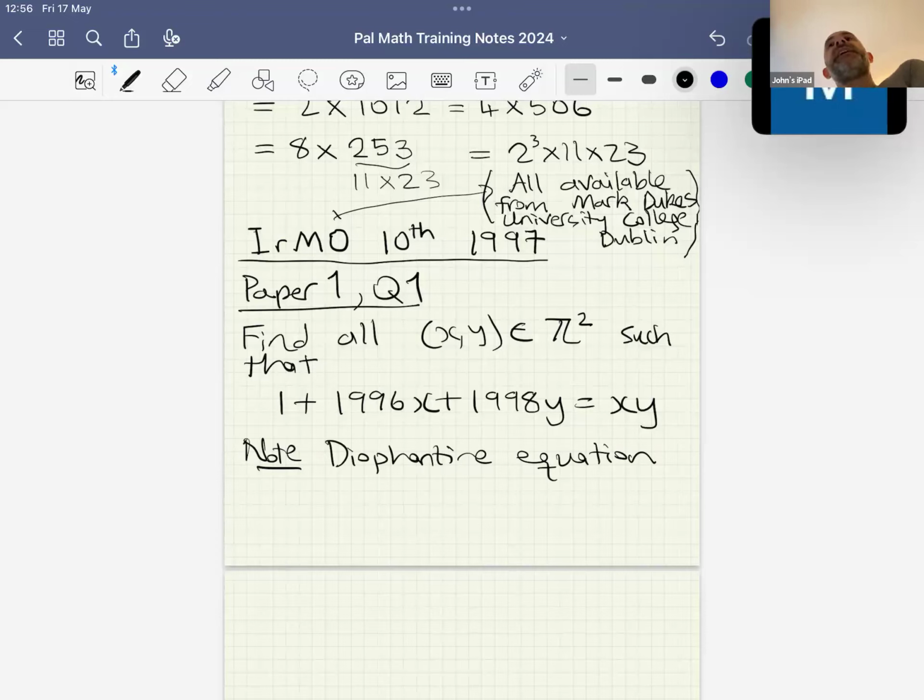Diophantine was an ancient Greek mathematician, and the ancient Greeks were interested in these types of problems. They're actually really difficult, usually. This problem is not difficult, but in general, if you're only looking for integer solutions, that's really, really difficult. Okay, so anyone got any ideas how you would do this?